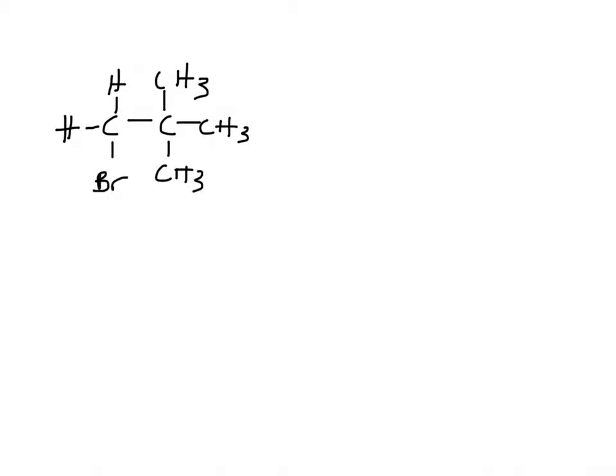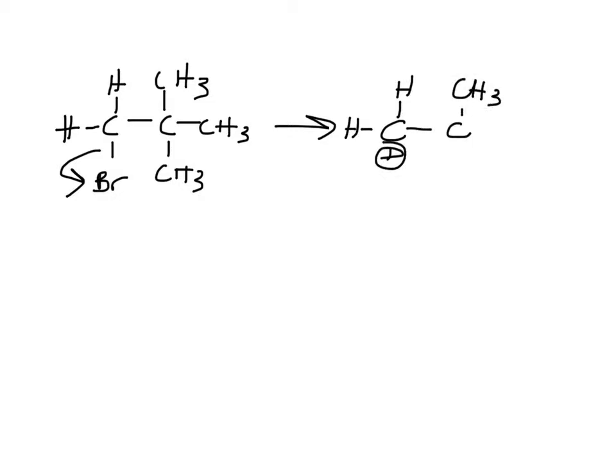alkyl halide. So the first step would be formation of the carbocation. So bromine leaves and we have a primary carbocation.